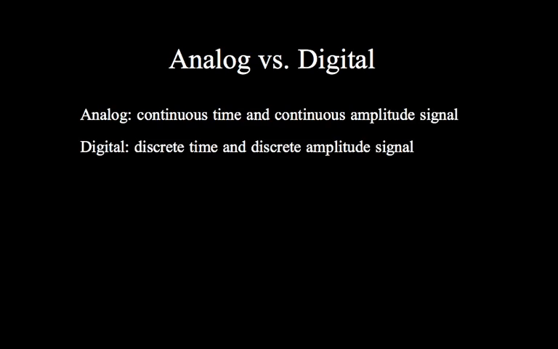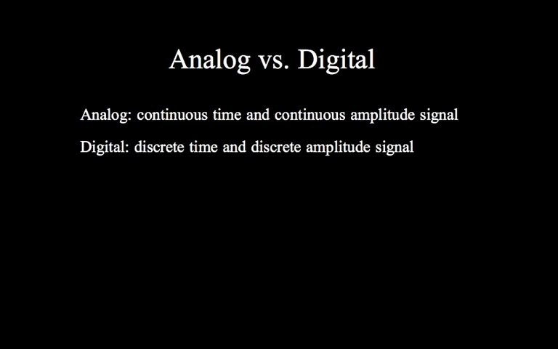So analog, and again, I'm always just going to be talking about analog and digital in reference to sound. An analog representation of sound is a continuous time and continuous amplitude signal. Digital is a discrete time and discrete amplitude signal.